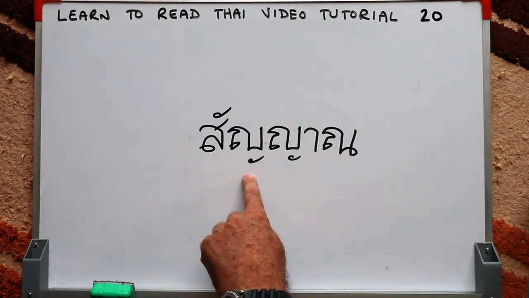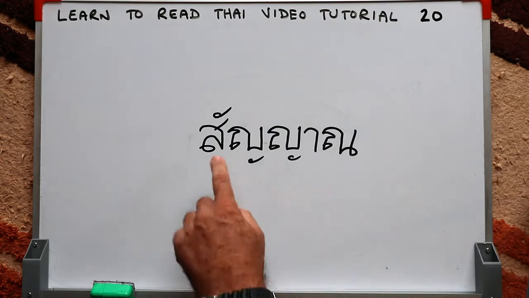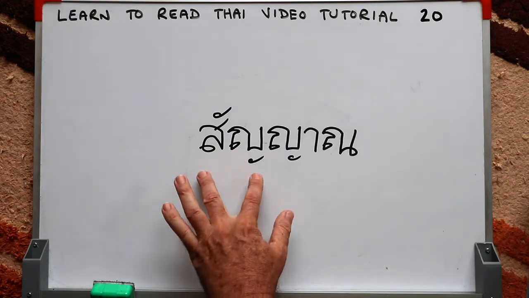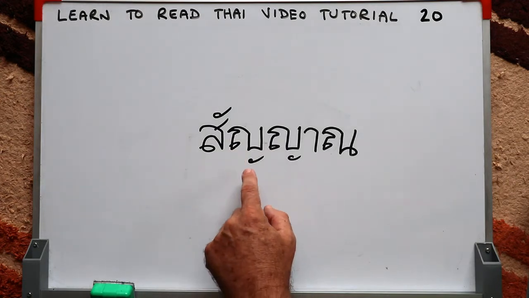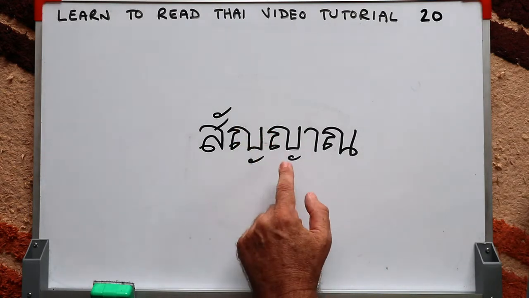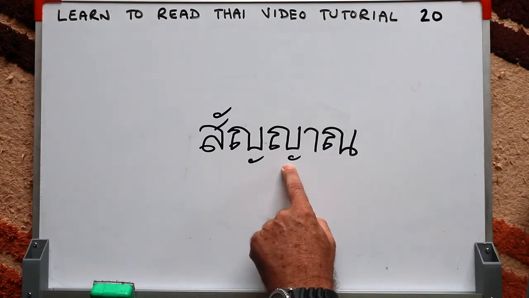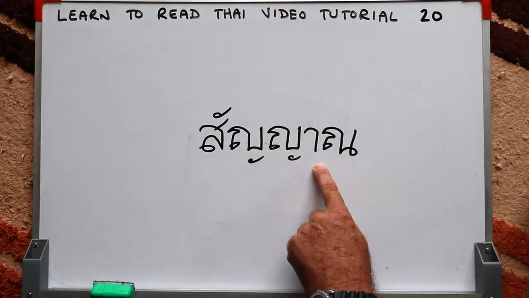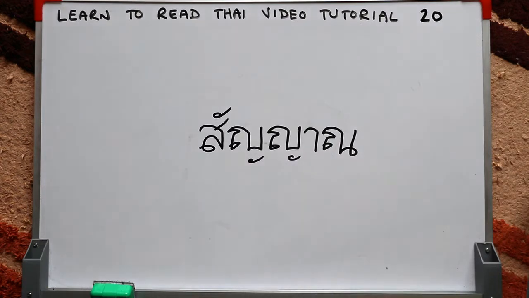Then we have the yor ying that we were learning today, and in this syllable it's a final consonant, so it makes an N sound. Now we've got exactly the same consonant here, but this is the next syllable, so it's actually an initial consonant, so it makes a Y sound. Then we have the long R vowel and the nor nuu, which makes an N sound. So I'll let Pom say that for you. สัญญาณ. And that means signal.